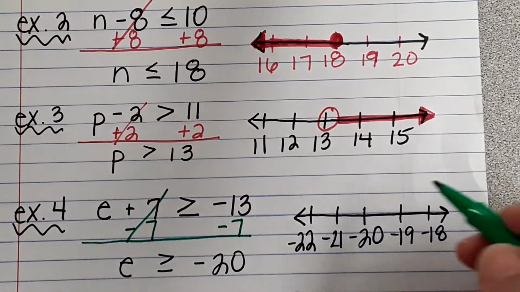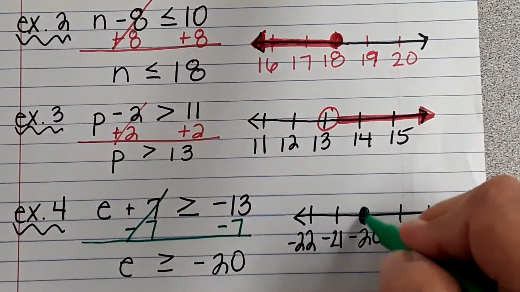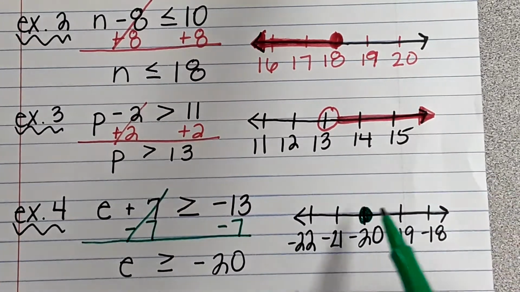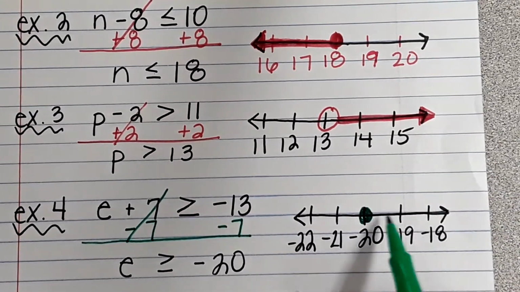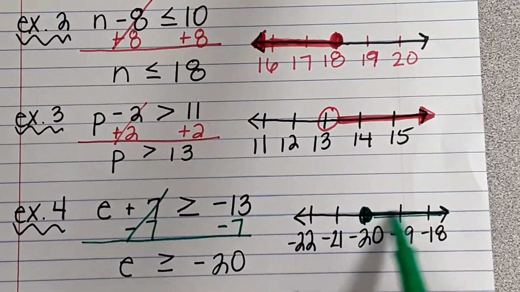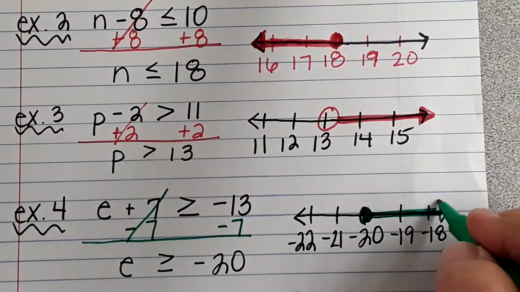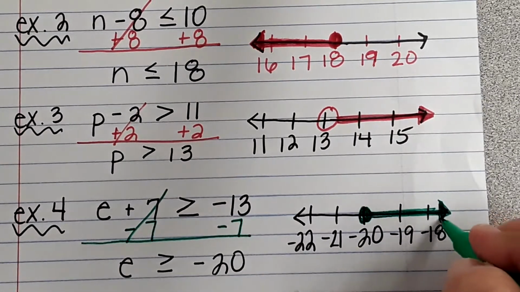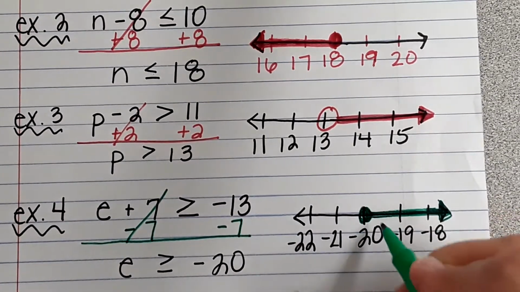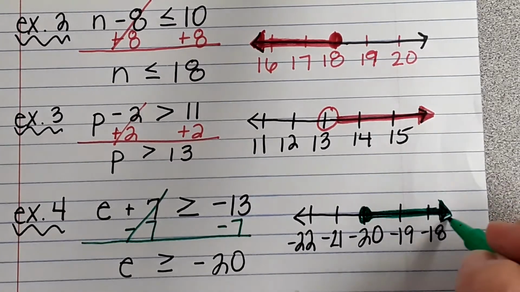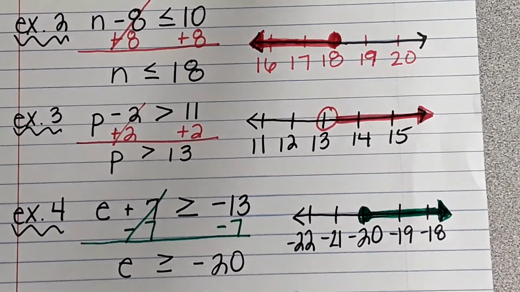Full circle, and it's on negative 20, and it goes right. We want numbers that are greater. And remember, in negative numbers, the smaller the number, the bigger it is, because you want to owe less money. Okay? So that's your answer.